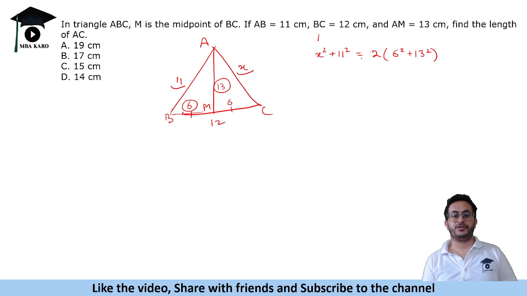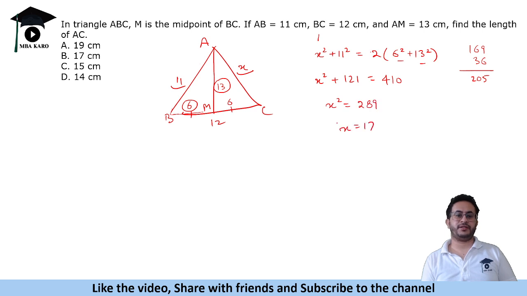Okay, so that is the theorem. So x square plus 121 is equal to 2 times 36 plus 169, that is 205 into 2 is 410. So x square is equal to 289, so x is 17. Okay, so that will be the result in this case.